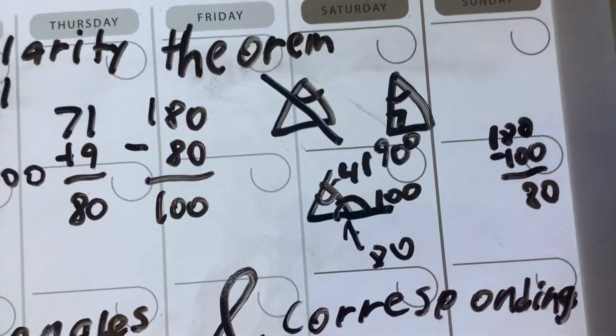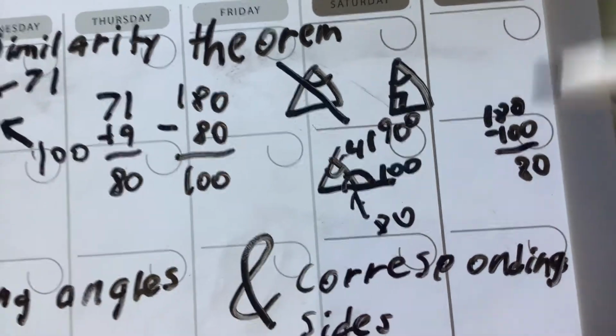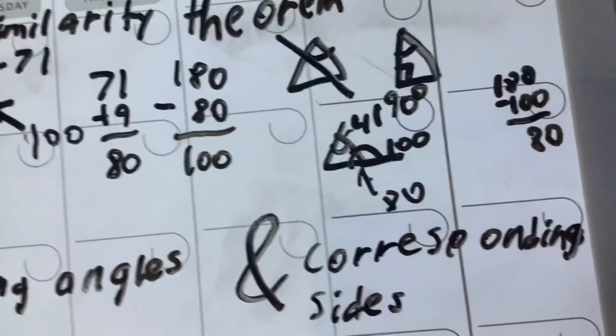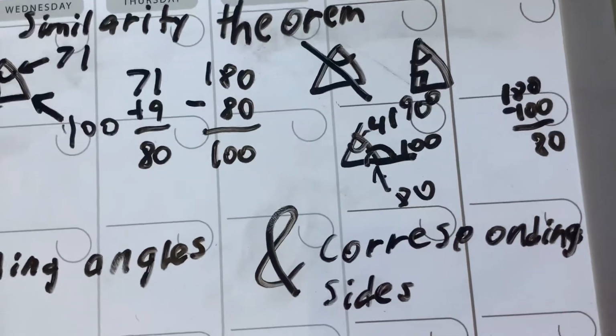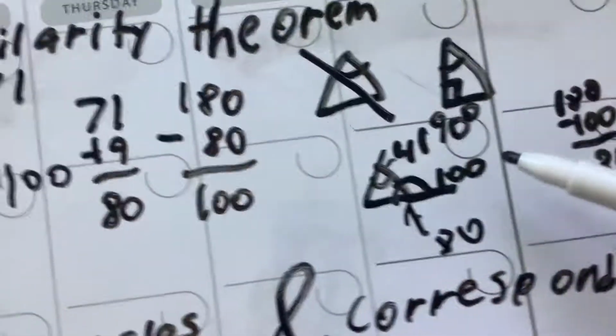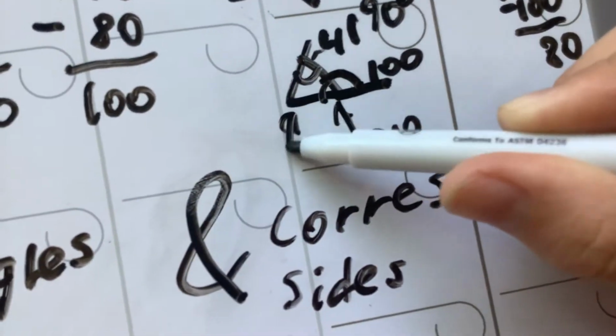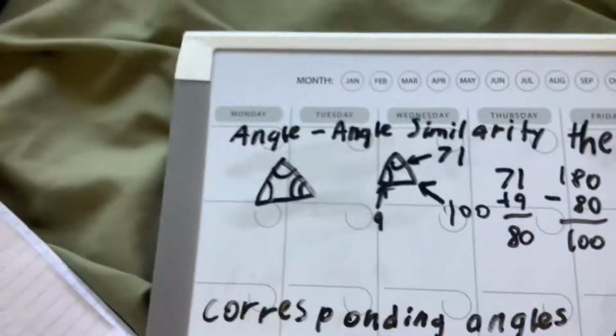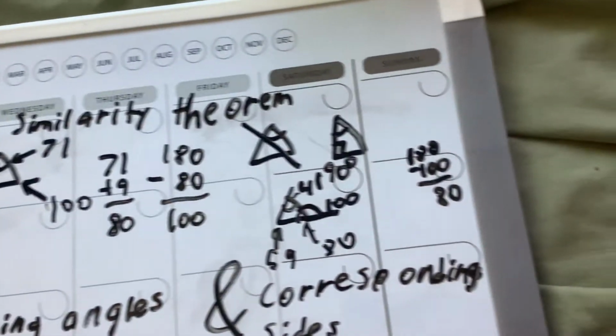I'm not writing it down because I just ran out of room. So, 41 plus 80 equals 121. Minus them, you get 59. This angle, 59. So as you see, this is the angle similarity theorem.